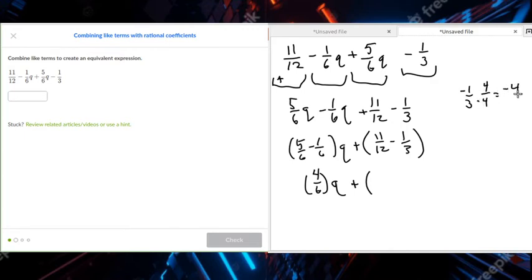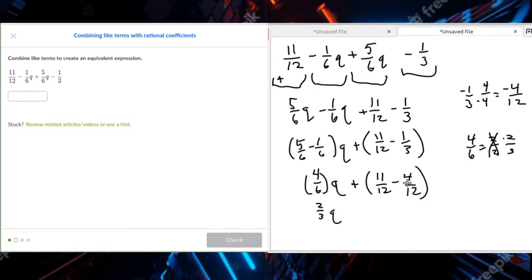So this is negative 4/12. So this is 11/12 minus 4/12. And 4/6 is equal to 2 times 2 over 2 times 3, and 2 times 2 is 4. So this is the same as 2/3.